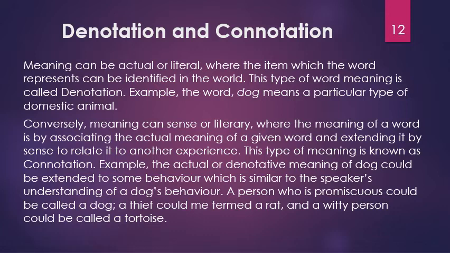But in the case where we use meanings that cannot be found in the dictionary, that is not the original or actual meaning of a particular word, that meaning is what we call connotative meaning, or the secondary meaning, or the assigned meaning. Therefore, class, in every language we have two kinds of meanings.